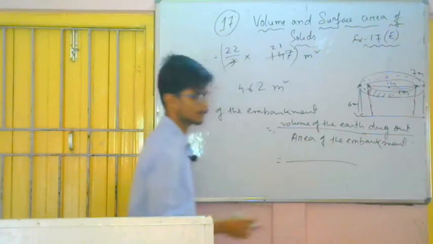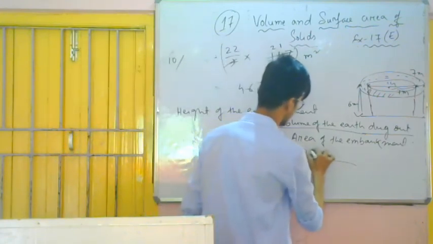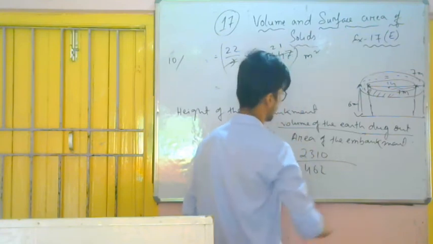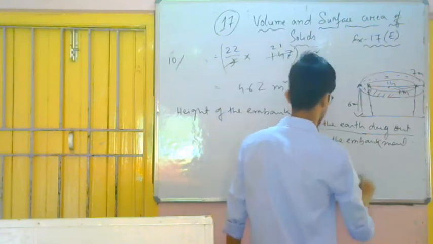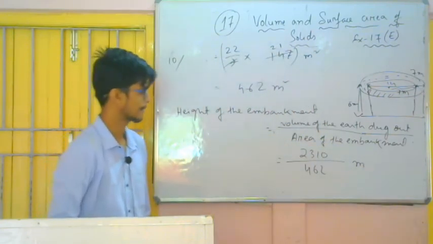So the volume of the earth dug out was 2310, and this is 462. Height will be in meter.